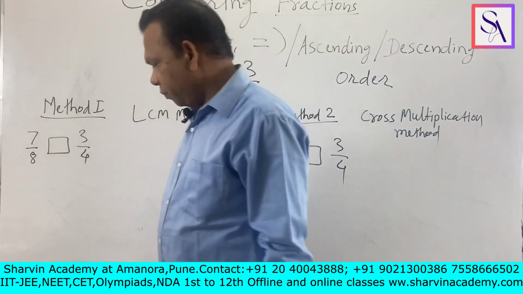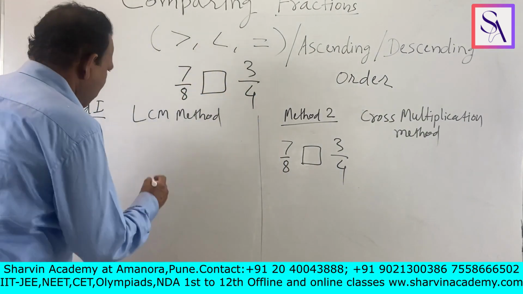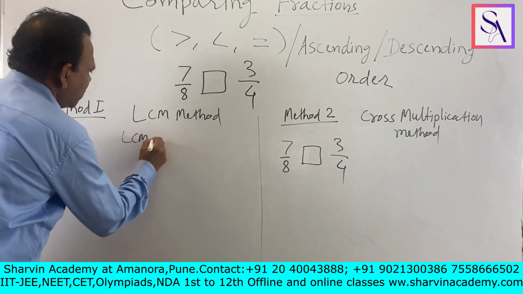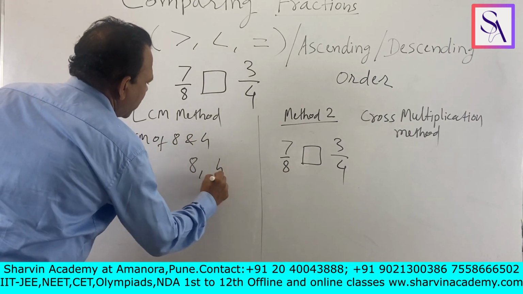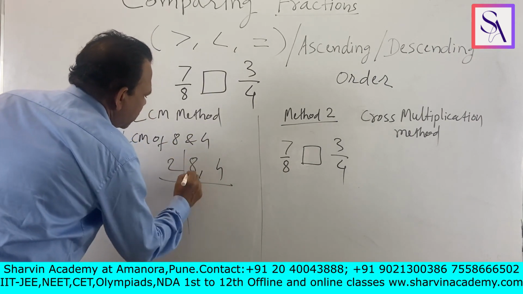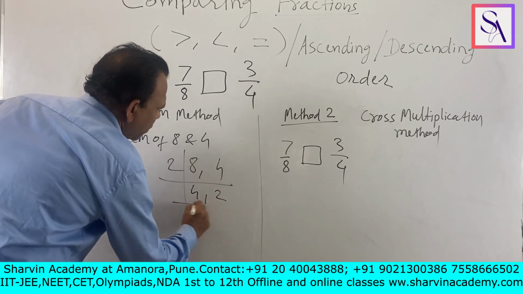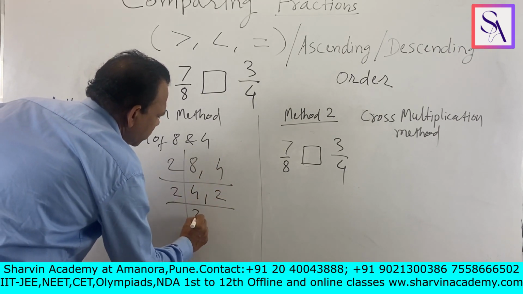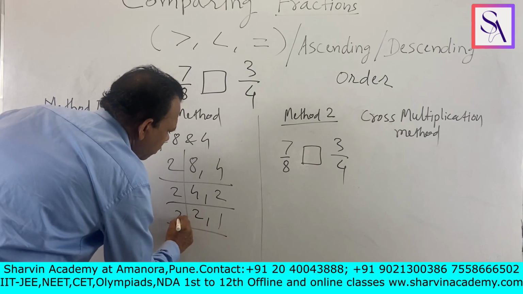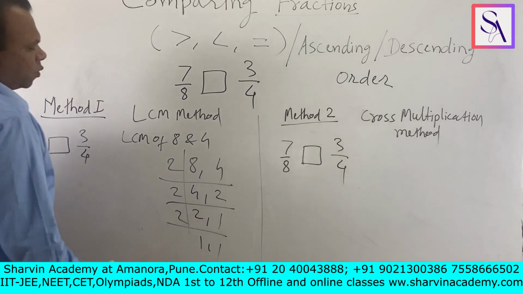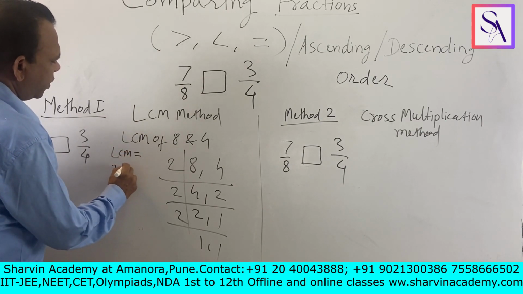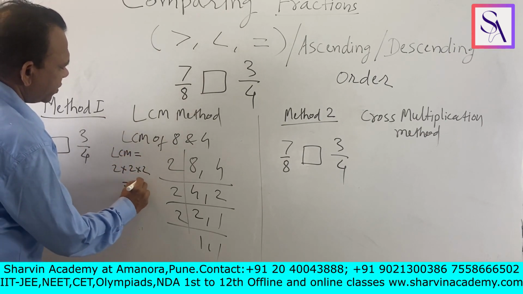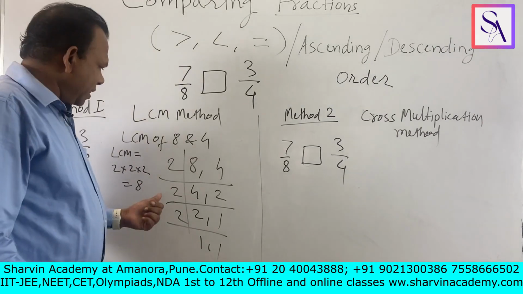I have to take LCM of 8 and 4. So 8, 4 I will write like this: 2, 2 4s are 8, 2 2s are 4, then 2, 2 2s are 4, 2 1s are 2, 2 1s are 1. So LCM is 2 into 2 into 2, that is 8. So I got LCM as 8.